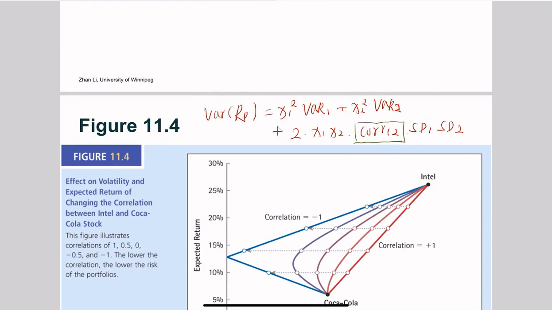Correlation here. So one thing you can see is that if you maintain portfolio weight, maintain the expected return of stock 1 and stock 2, if correlation becomes smaller, then the variance of the portfolio will be smaller, right? So this is exactly what we have observed in this picture.